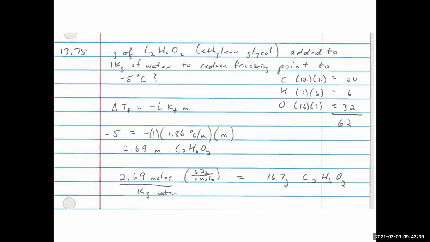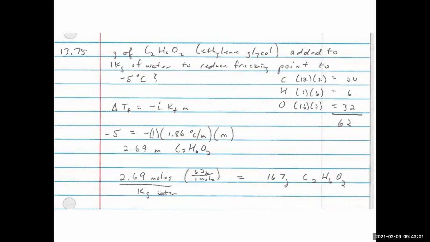So now we need to just solve for molality, the small m. We go ahead and do that calculation. We get 2.69 molal. We know that that is equal to 2.69 moles per kilogram of water, right?